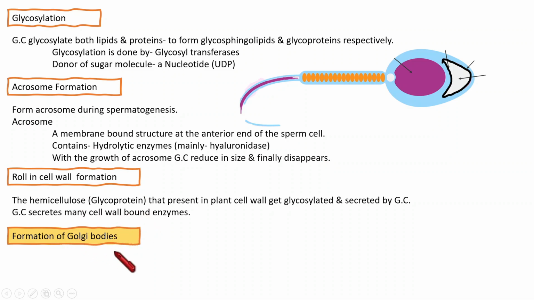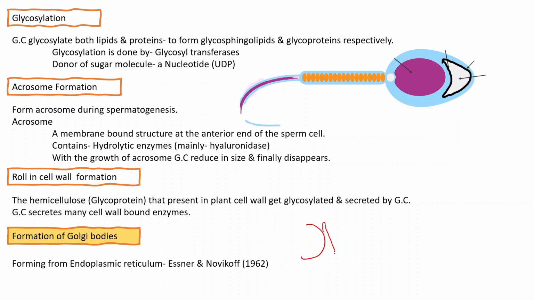Then, how are these Golgi bodies formed? In the beginning of the section itself, not clearly but in a vague way, I told you that the Golgi complex is formed from the endoplasmic reticulum. Here is the nucleus, the endoplasmic reticulum, and from here vesicles are forming and joining with the Golgi.